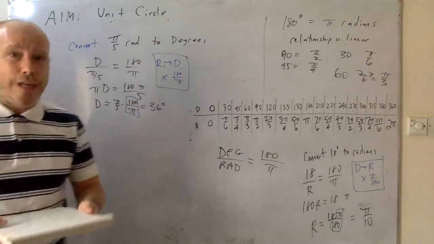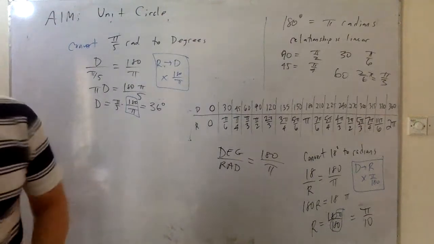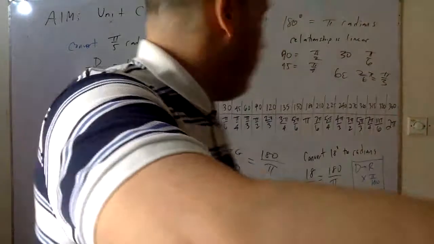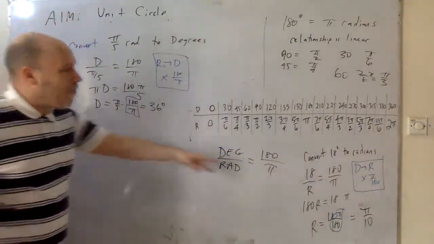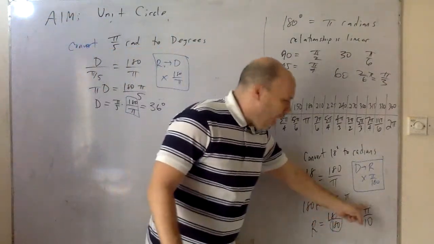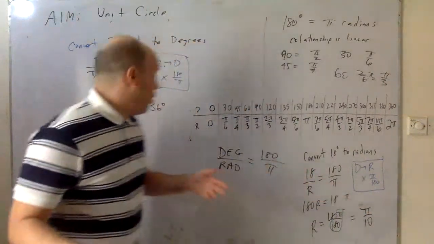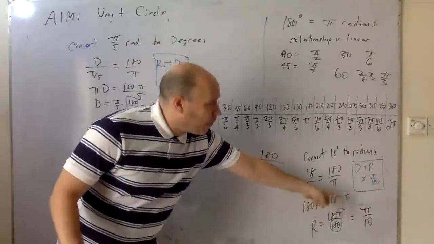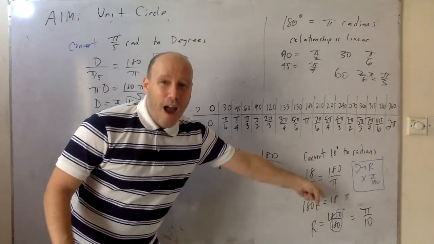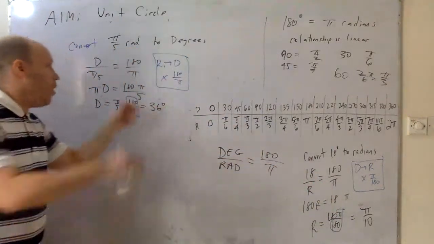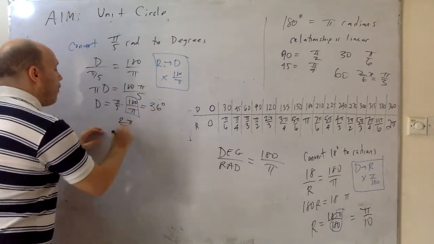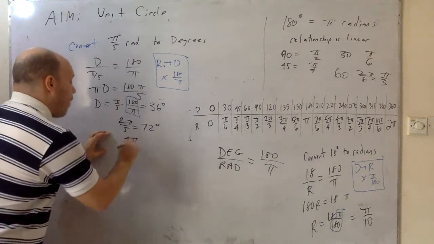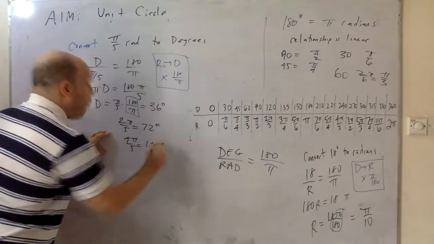Now, there's an issue. First, well, it's not a problem. We don't have problems in this class. And the answer is 36. So you get this fun: if you think about it, pi divided by 10 is 18. Multiply that by 2, and we get pi over 5 gives us 36, which means 2 pi over 5 is 72. 4 pi over 5 is 144.